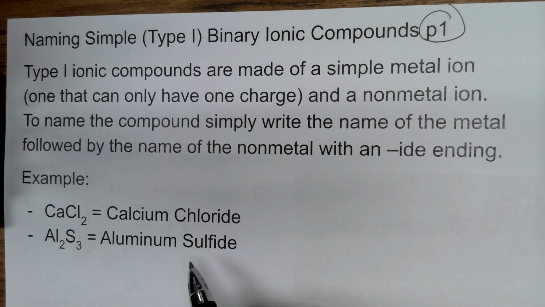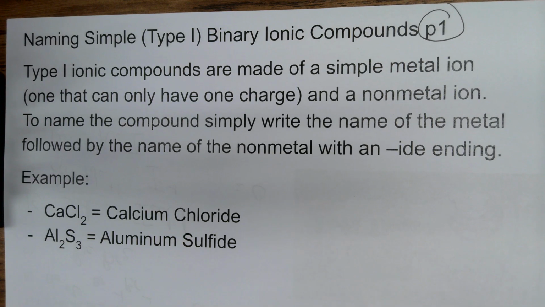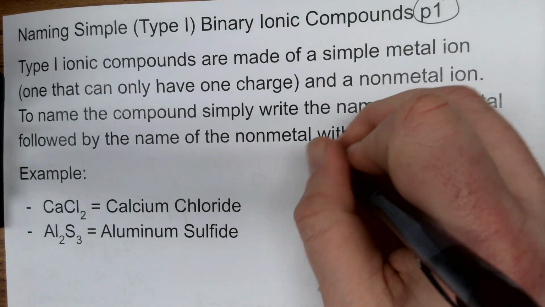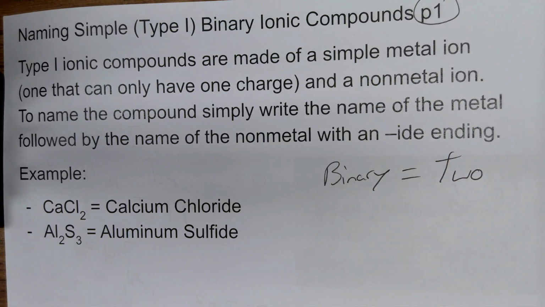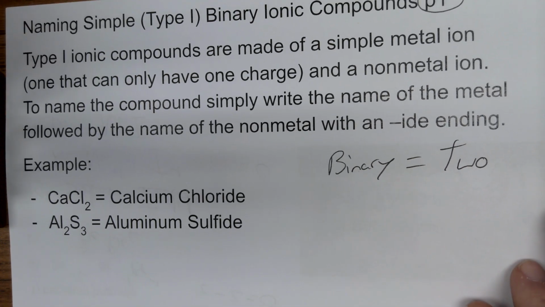Whenever we have an ionic compound of 2 atoms, that's a simple binary molecule. Binary just means 2. There's only 2 of them there.